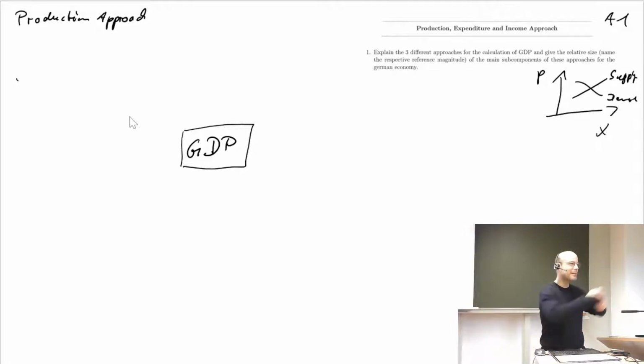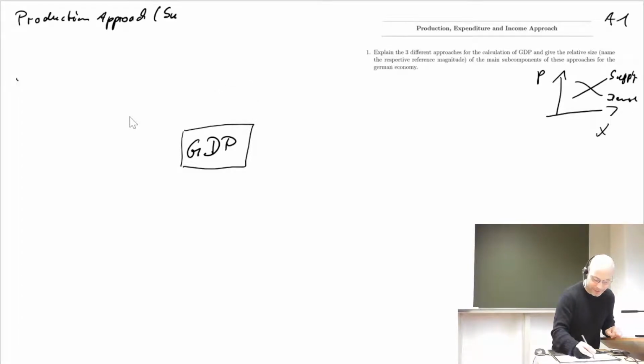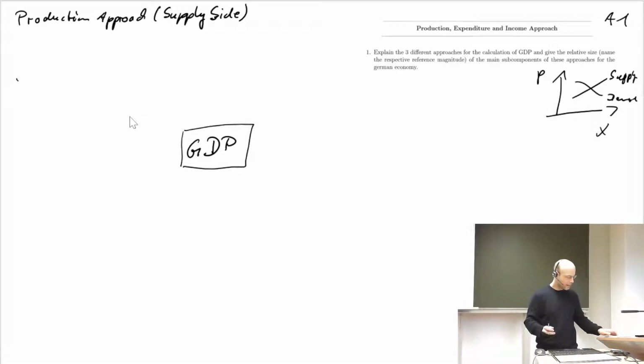So we are really looking at the business side, but in this more general sense, this represents the supply side. And then, which main sectors do we have? Yeah, production approach.